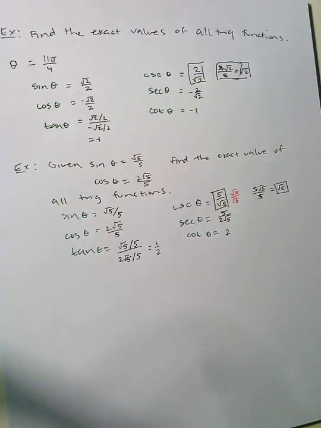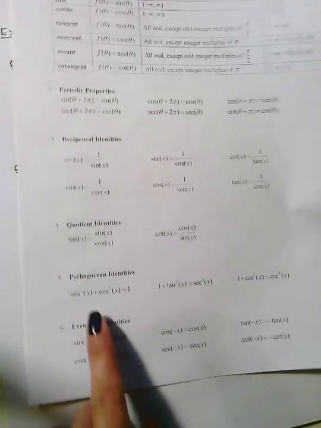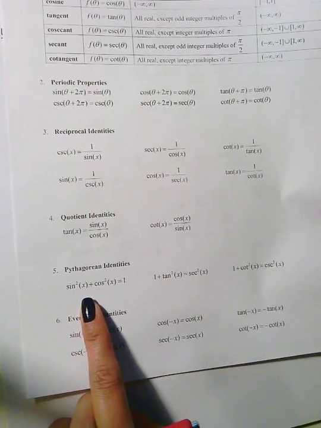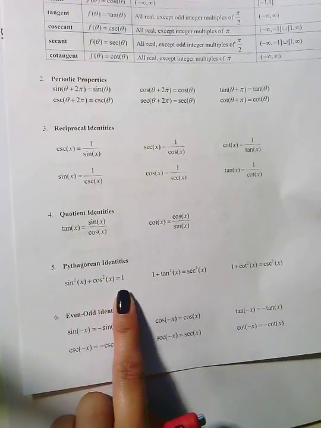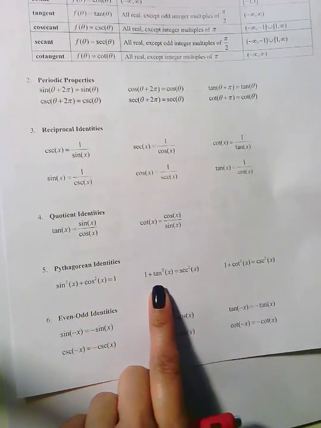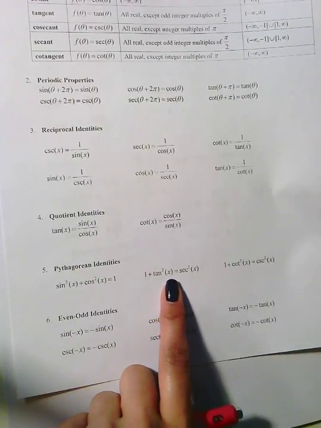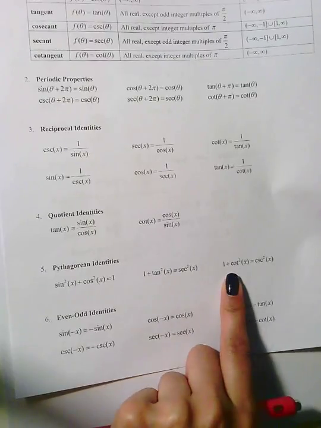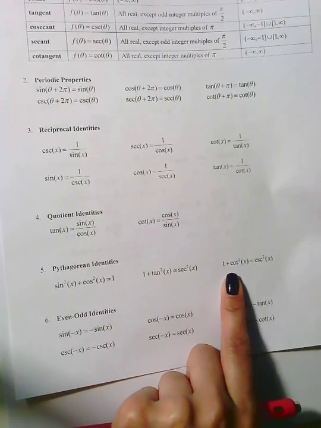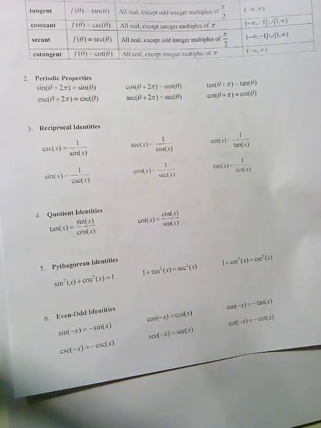One of the ones that I'm going to try to use is sine squared of theta plus cosine squared of theta is equal to 1. 1 plus tangent squared of theta is equal to secant squared of theta. So it could be x's or it could be theta, same thing for this one. 1 plus cotangent squared of theta is equal to cosecant squared of theta.